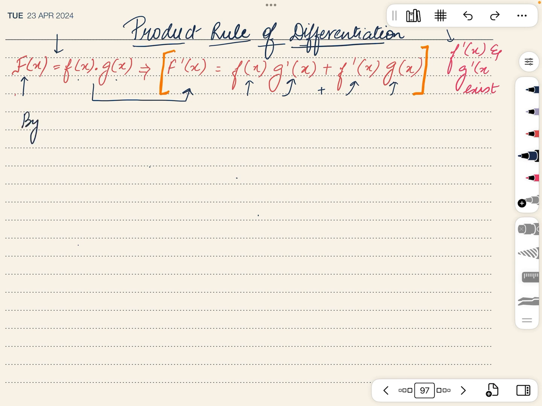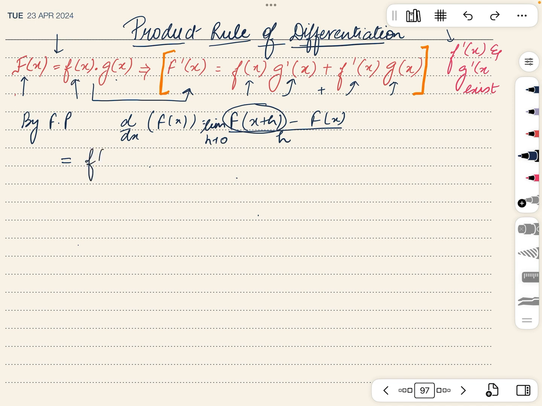So by the first principle, we know that differentiation of F of x is equal to F of x plus h, take away F of x, over h, limit h tending to 0. Don't forget the limits. Now we can replace the F of x plus h with these functions.